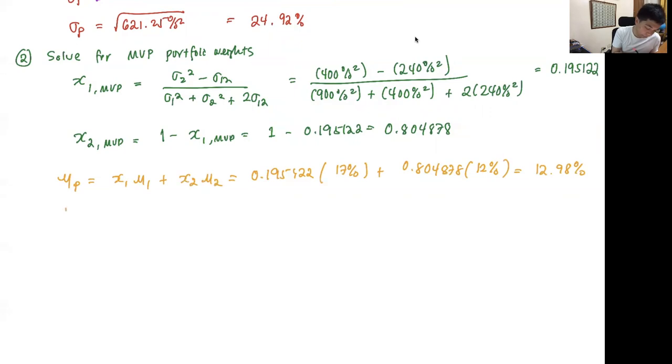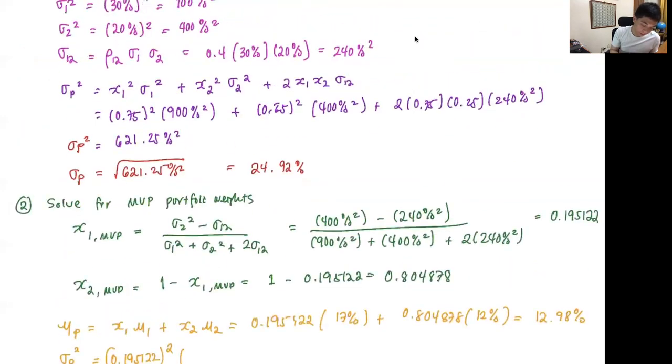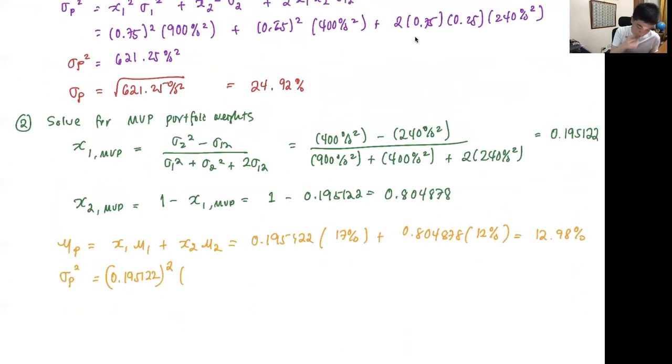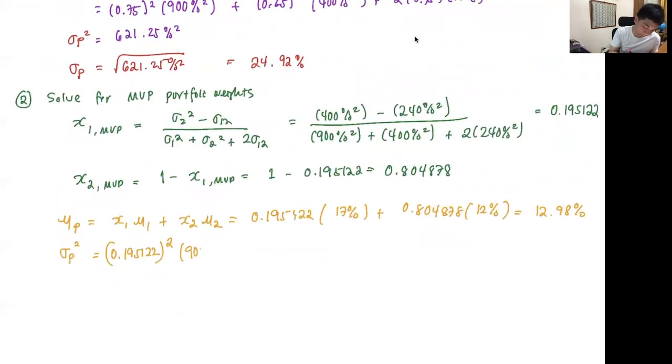Next, we need to calculate the portfolio variance. So that's sigma p squared. That's 0.195122 squared times the variance of 1, which is 900% squared, plus 0.804878 squared times 400% squared.